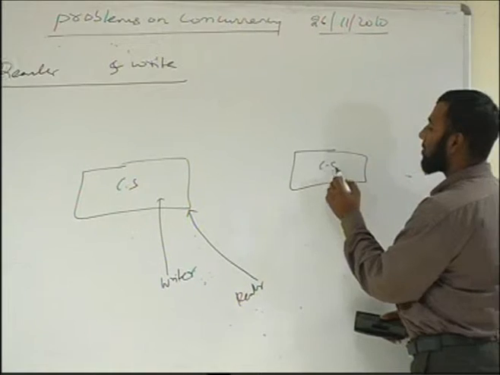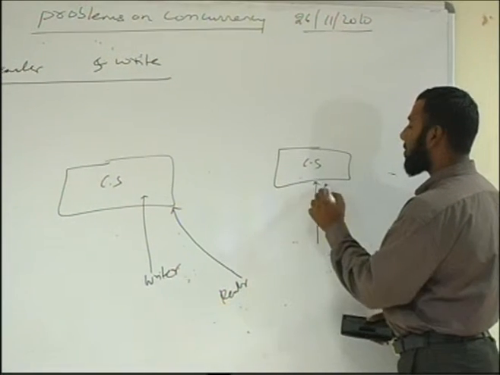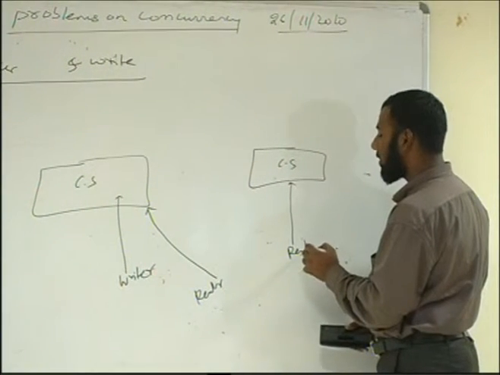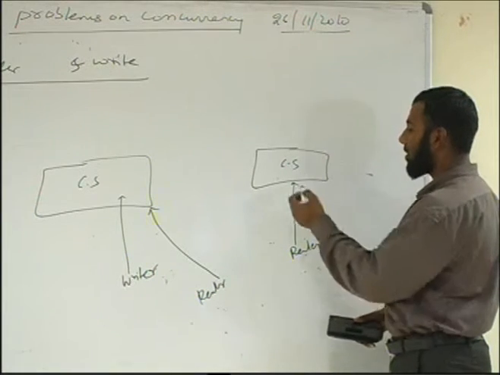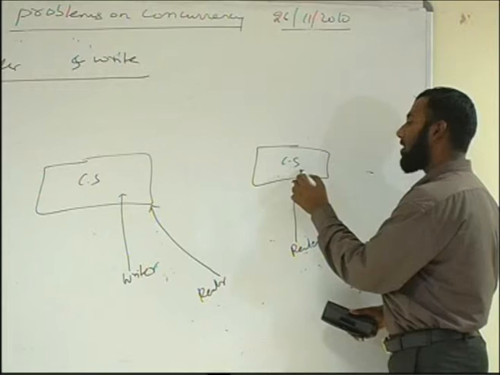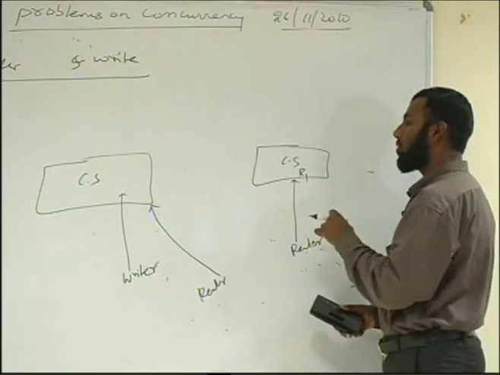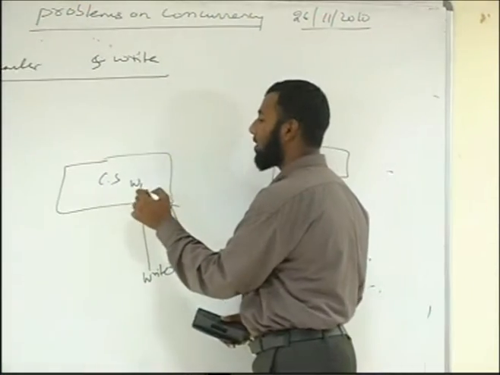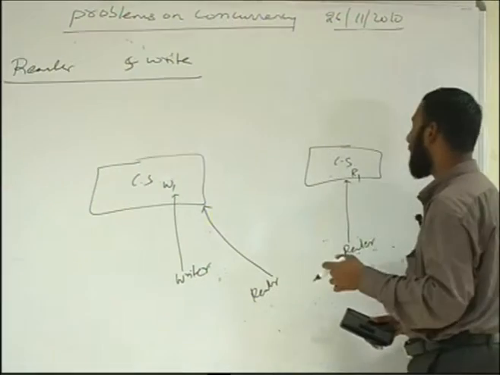Okay. Second, suppose you have a critical section, and one reader process has a desire to enter into the critical section. If there is no process in the critical section, then reader process R1 has to be allowed to enter into the critical section. W1, assume that it's a writer process.